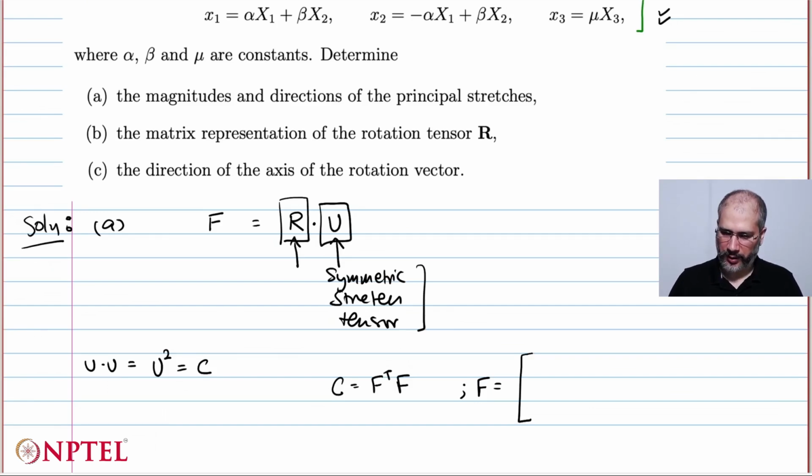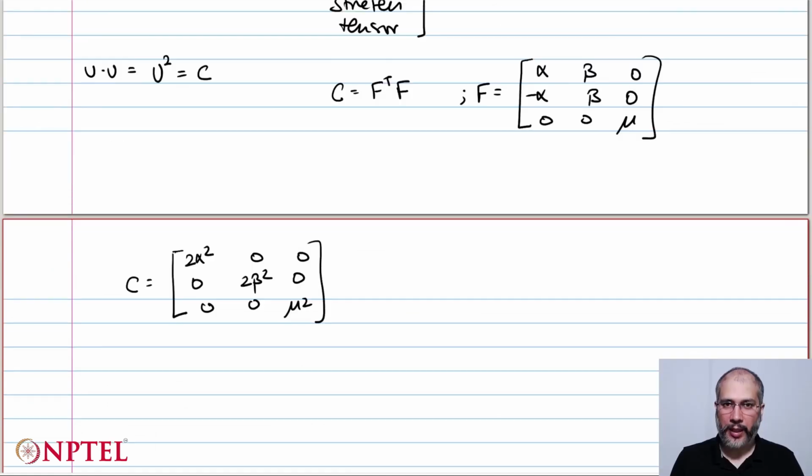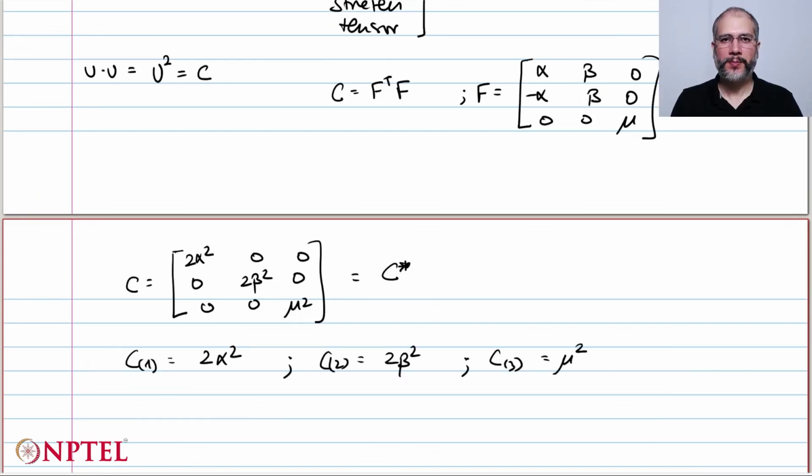So from this we find that F is equal to this tensor, and this is the C that we get from this F. And interestingly, we see that this is already diagonalized. So what that means is that in the coordinate system that we are working in, the coordinate directions are already the principal directions of C. And the principal values of C are these.